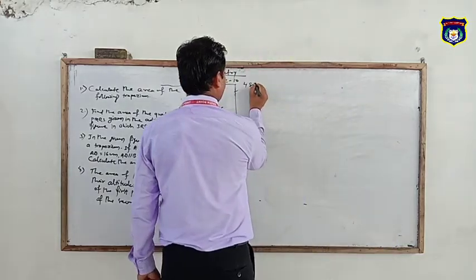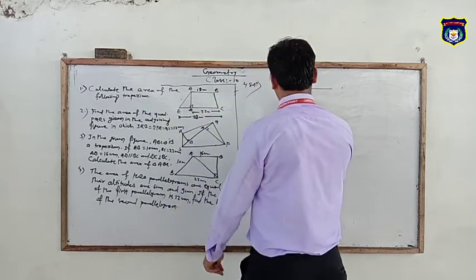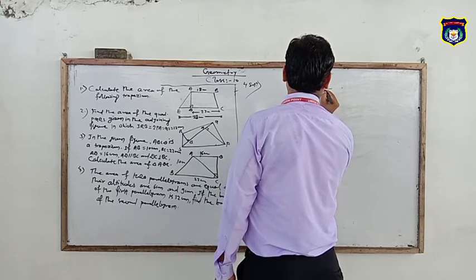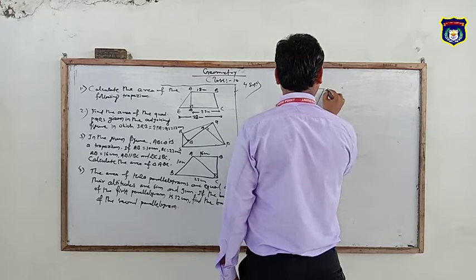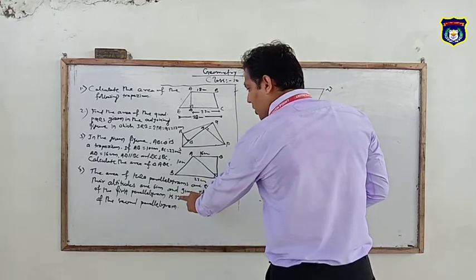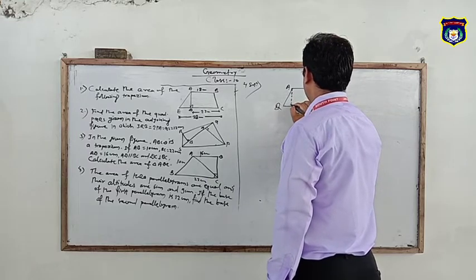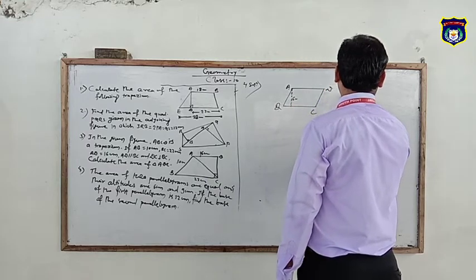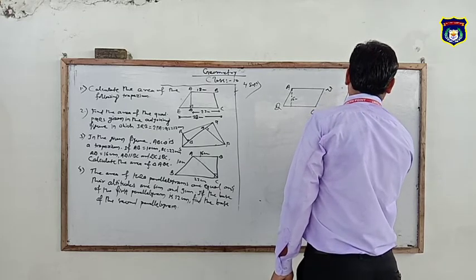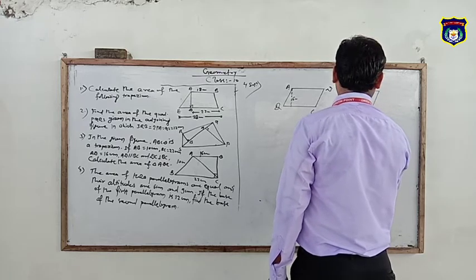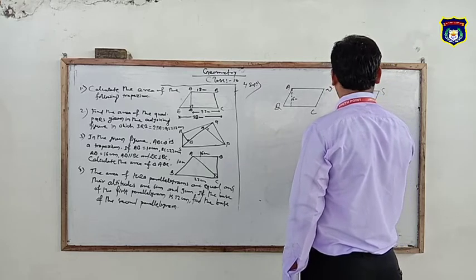This is ABCD, and the altitude of this parallelogram is 6 cm. And another parallelogram we have given, PQRS. Altitude of this parallelogram is 9 cm.